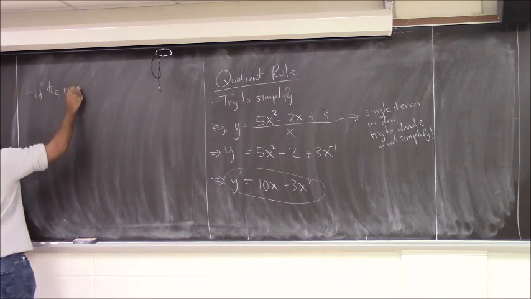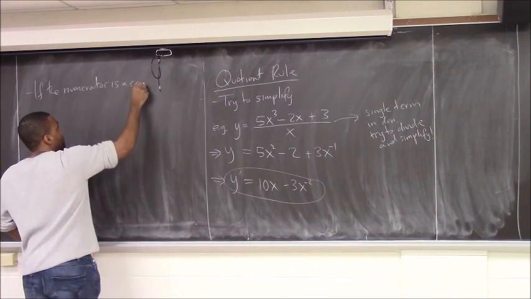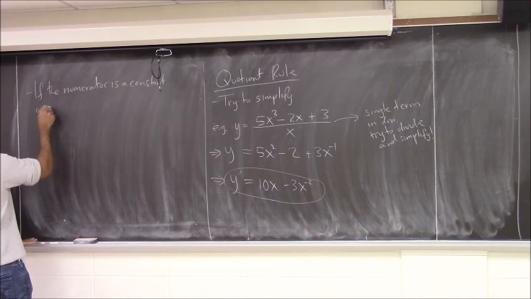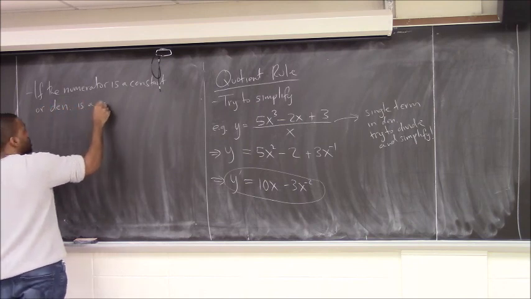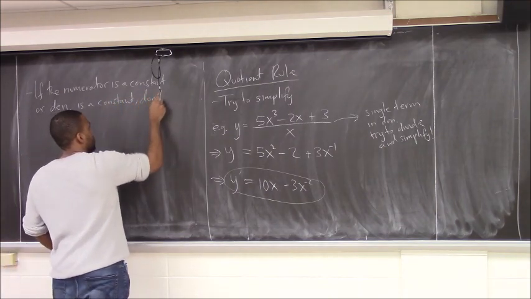If the numerator is a constant, or the denominator is a constant, don't use quotient rule.